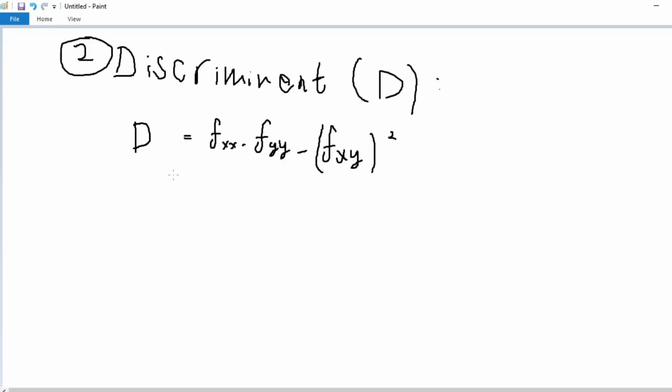And then how can you determine, if you got a value, whether it's a local minimum, a local maximum, or a saddle point? Here you can know. If the discriminant that you find here is greater than 0, you have two cases.